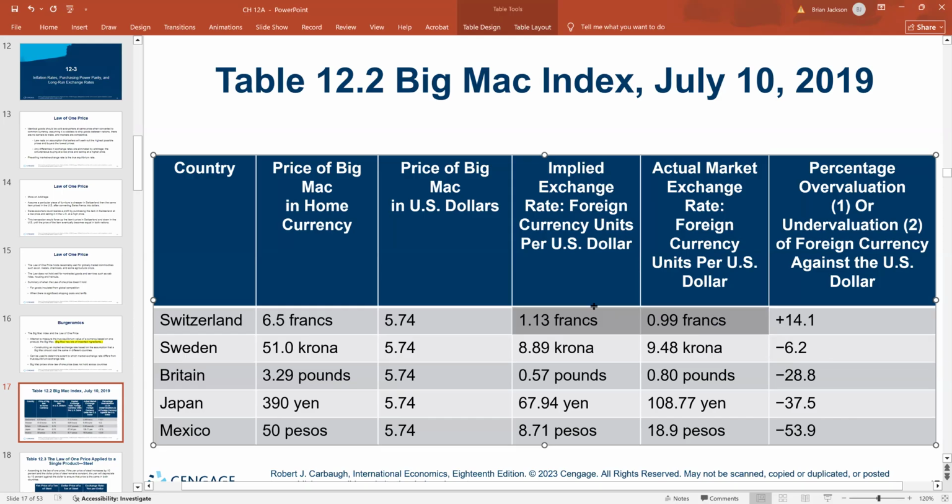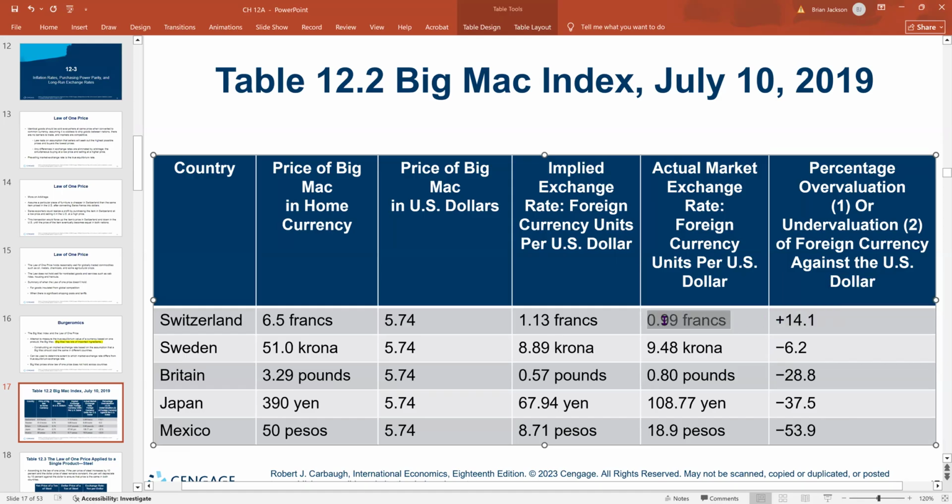At least, this value right here has the franc cheaper with respect to the dollar than it is here. It takes a lot more francs to buy a dollar here at that rate than it does here. So you have a percentage of undervaluation of the franc, that's implied by the law of one price, of 14.1%.